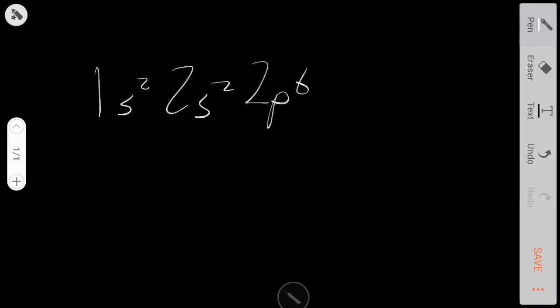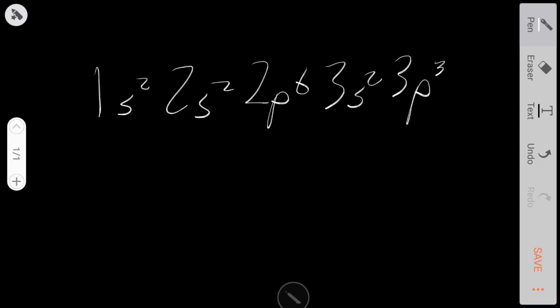And now we're in the third period. We're going to go past 3s2, and now we're in the 3p area, and I see phosphorus is 1, 2, 3. That's the third one. So if I look at A, it can't be A because it says 3p2 at the end. That's not correct.